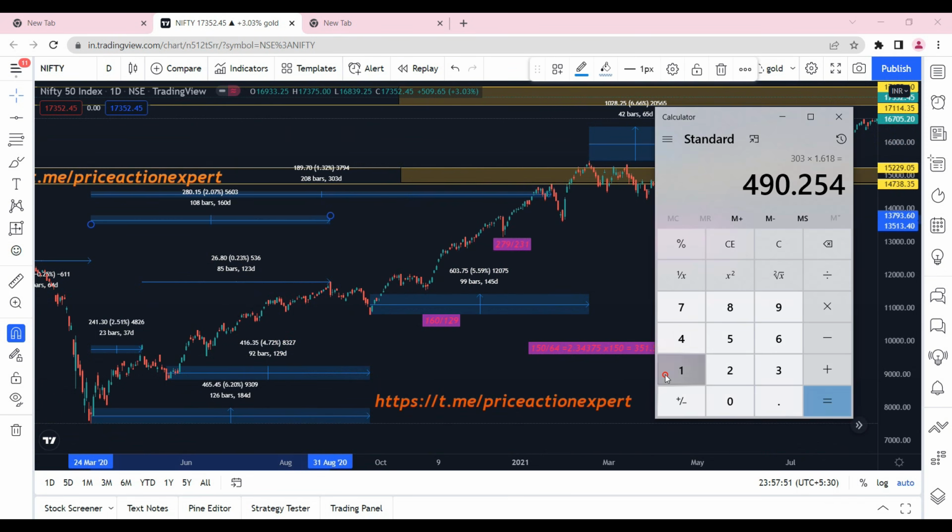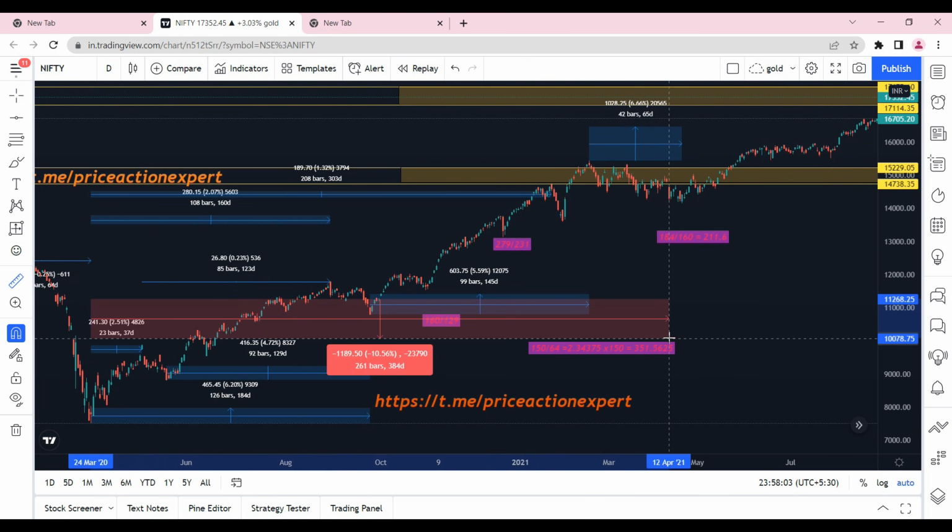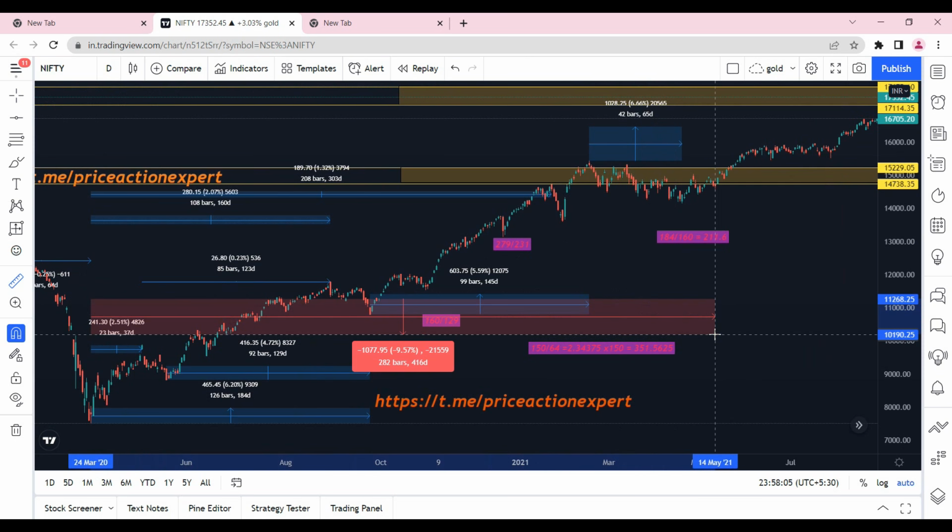I'm going to multiply that by 2.618. That will give you 418 or 419 days. From here, 418 or 419 days is almost here at this low. It's pointing towards this low. From there the price pushed up. It's an important low here.